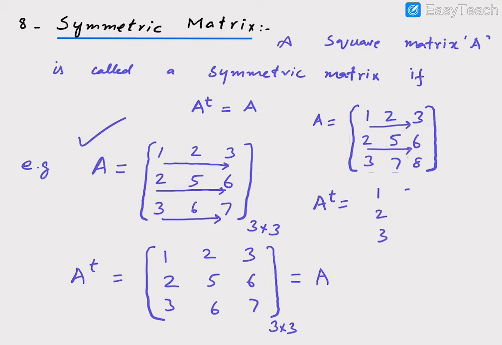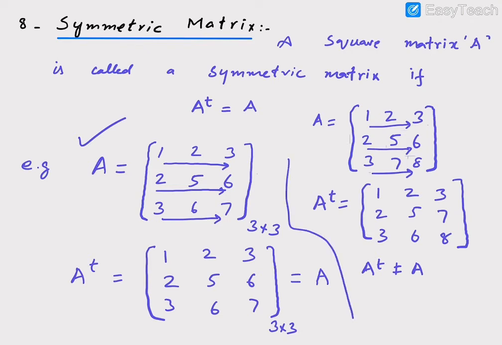This row changes into the column 2, 5, 6, and this row changes into the column 3, 7 and 8. Now you can see A transpose is not equal to A. So this will not be a symmetric matrix even though it is a square matrix. Okay.